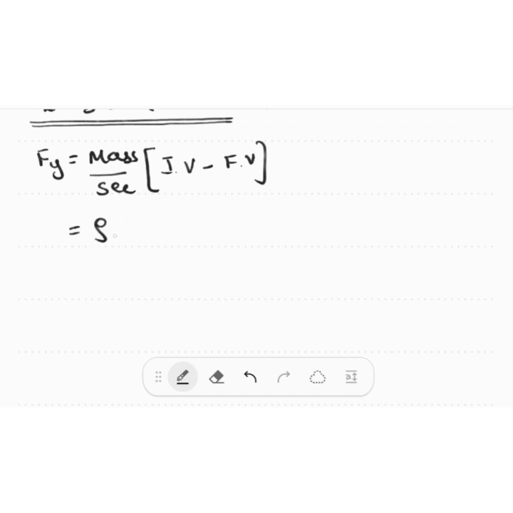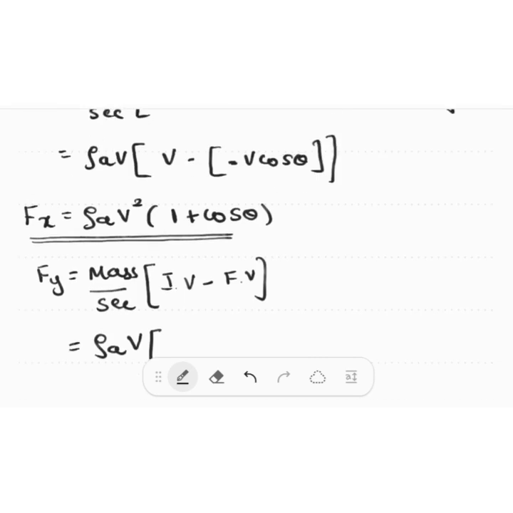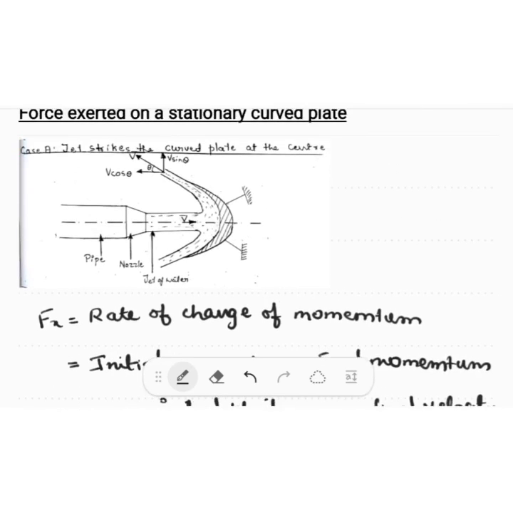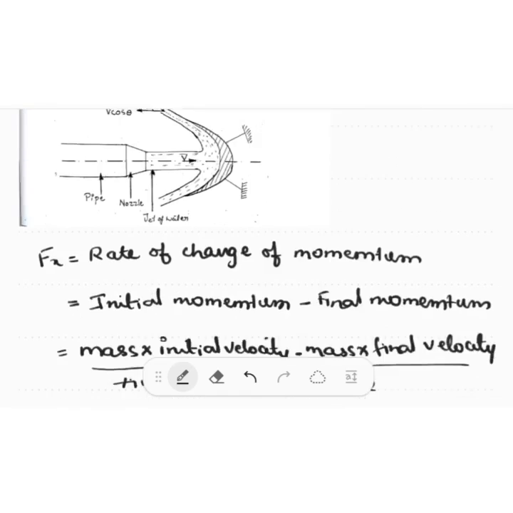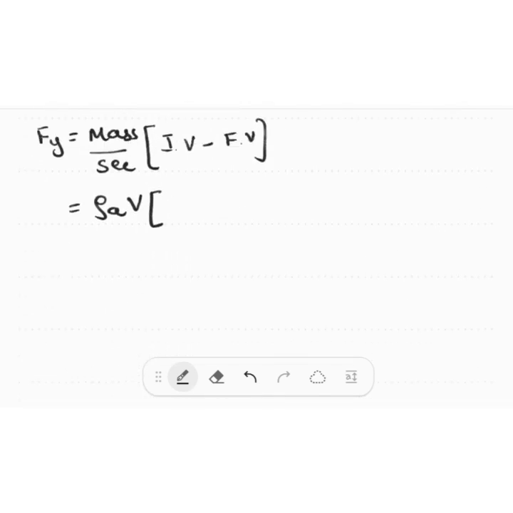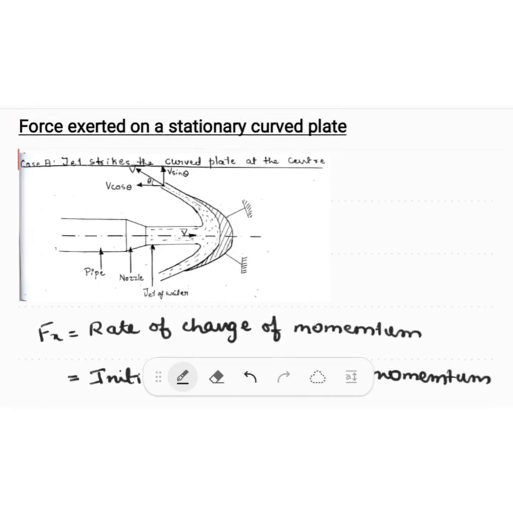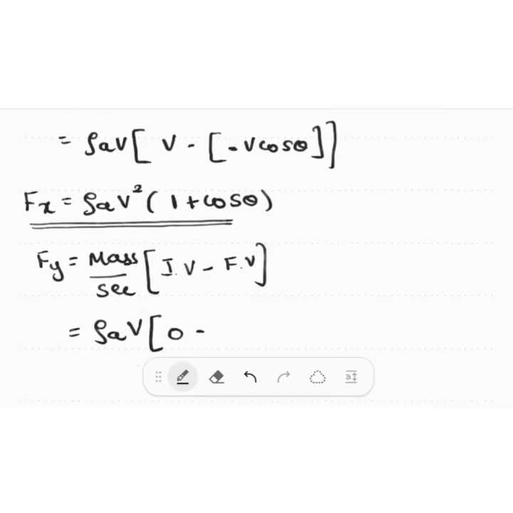Mass per second is rho into A into V. The initial velocity of the jet in the y direction before hitting the plate is zero, so we substitute 0 and put the minus. The final velocity after hitting the vane is v sin theta, acting in the upward direction, so we substitute plus v sin theta.